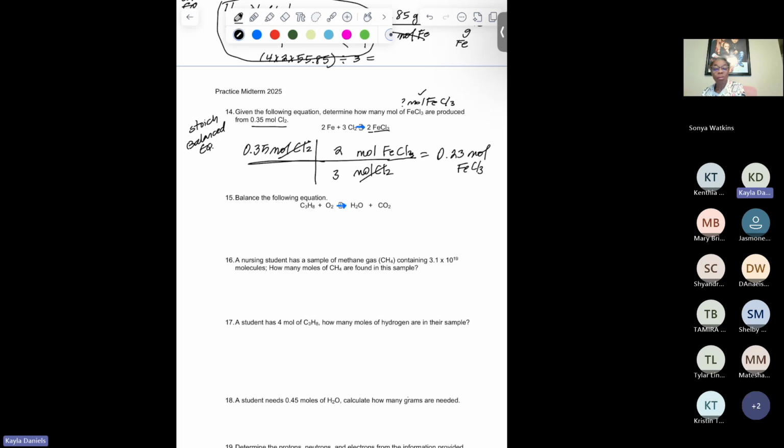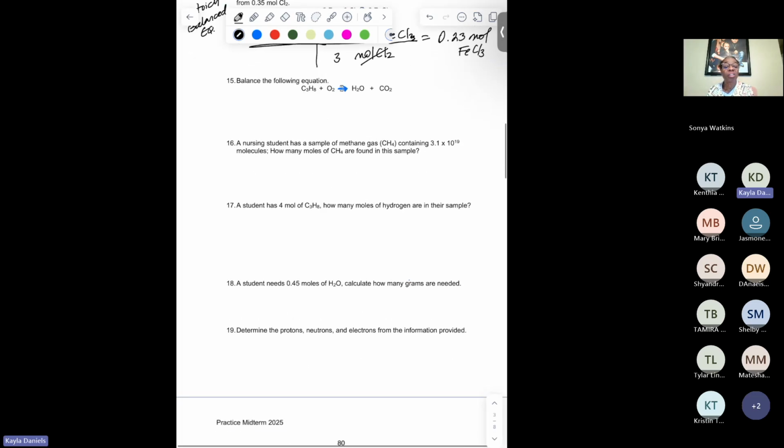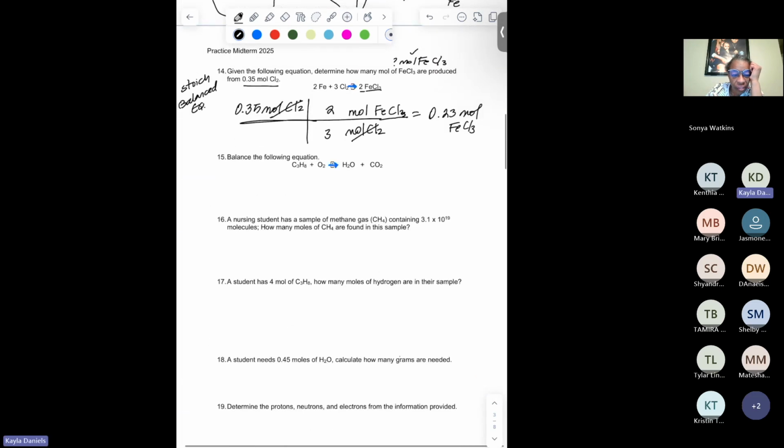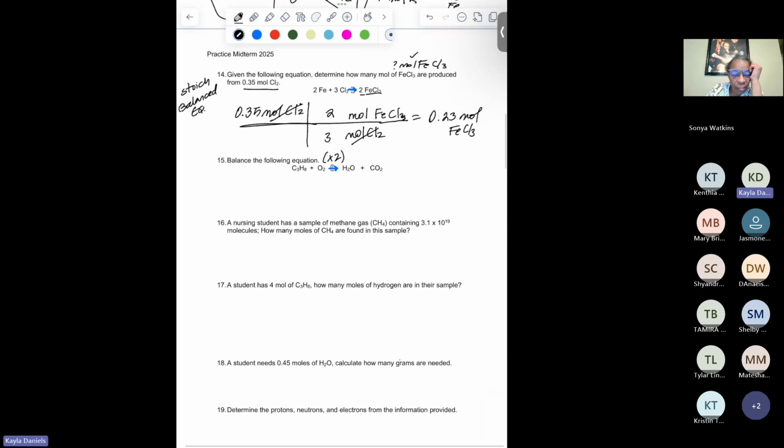All right, 15, balance equations. I'm pretty sure you have 2 balancing equations. Did I not put another one on here? Doesn't look like it. I said to balance the equation, but how this might be written on yours, because remember it's multiple choice, it might say, what is the coefficient for H2O?